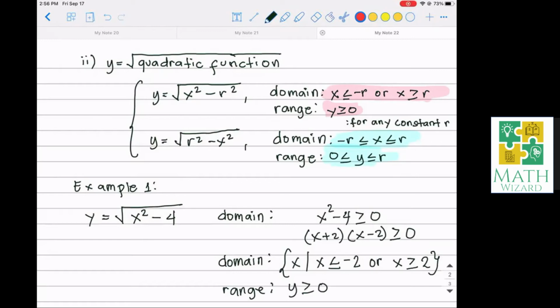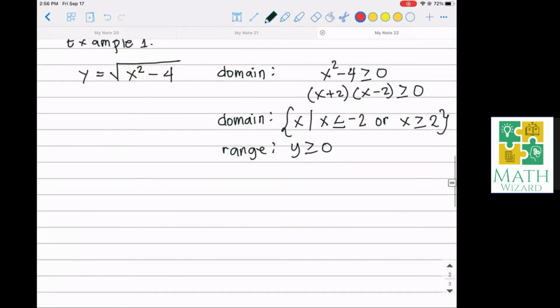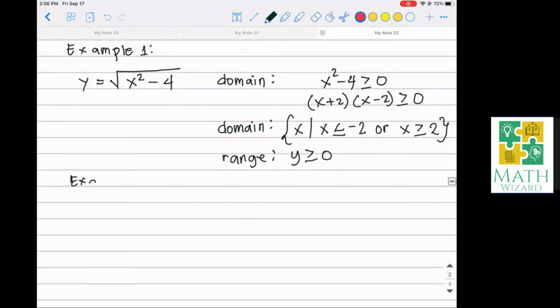Let's have another example. What if it's a negative, like this one? Example number 2. So we have y is equal to negative square root of x squared minus 4.